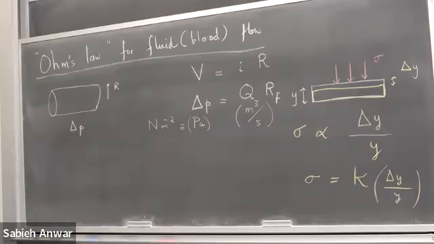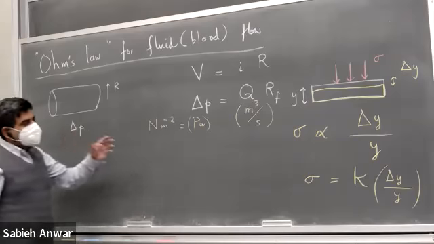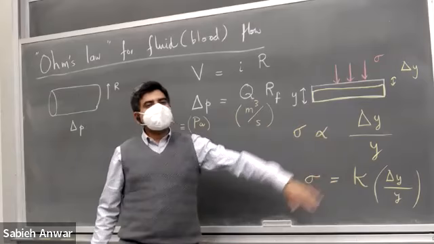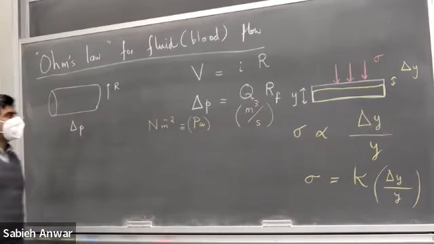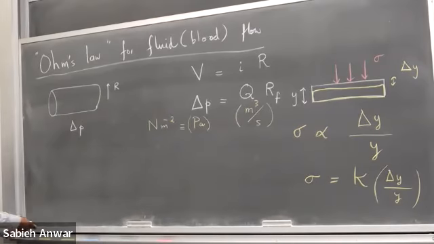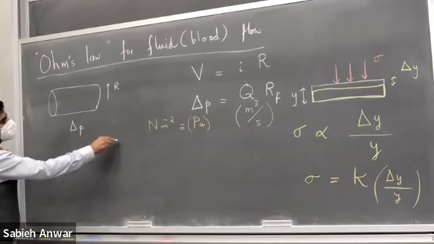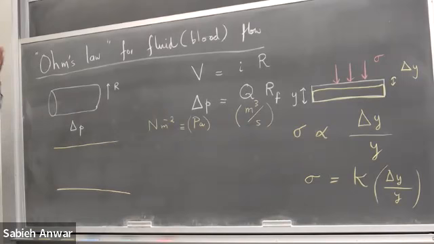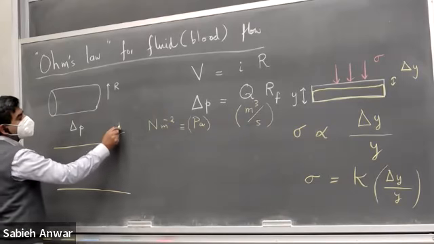Exactly for fluids, we have a similar situation. We have a pressure, and we have some quantity which is analogous to stress, and we have some quantity which is analogous to strain. Now, if you look at this pipe here, I'm going to draw another view of this pipe. I'm going to do a longitudinal section of this pipe, and these are the walls of the pipe.